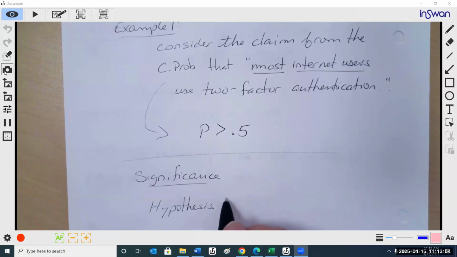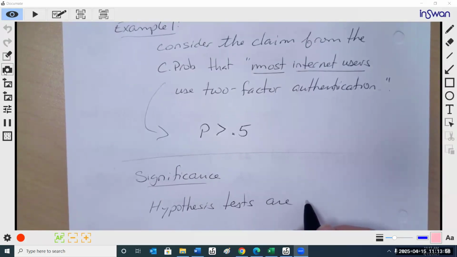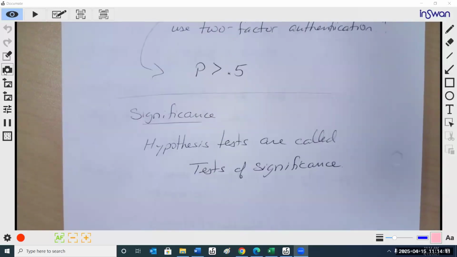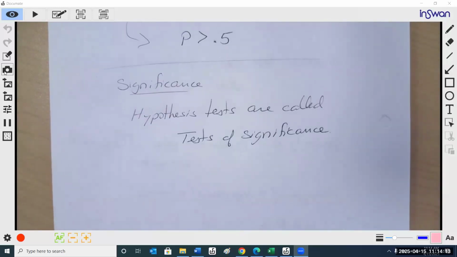Hypothesis tests are called tests of significance. Can anybody guess why? Remember we talked about significance.